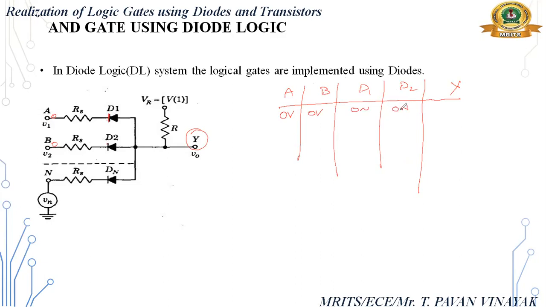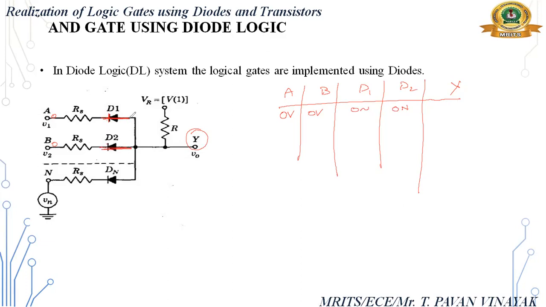D1 is on, D2 is on. Then what is the output Y?